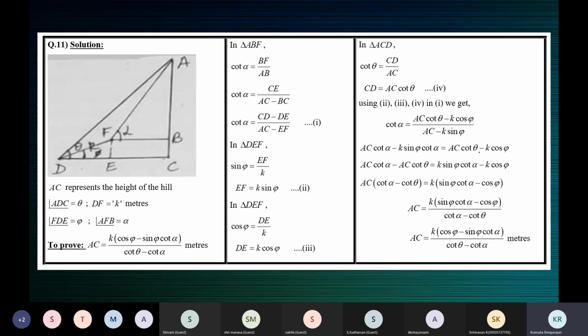What is it we have to find? AC. How many terms contain AC? 2 terms. Gather the terms on the same side, take out AC common. Then find AC.